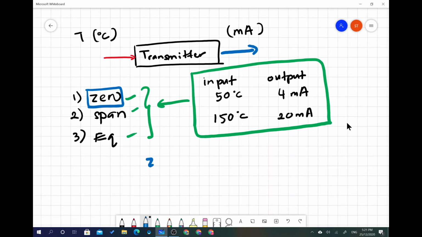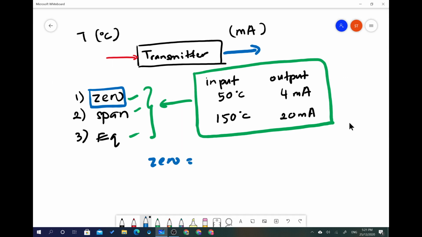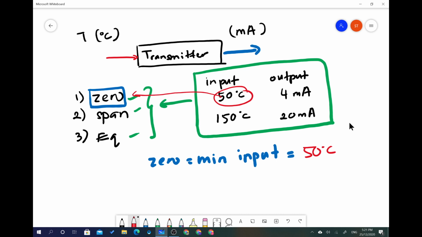Zero is equal to the minimum input range, which in this case is 50. That is the definition of zero. It's just a definition like that. Don't ask me why zero, why not one. Just accept it as it is.